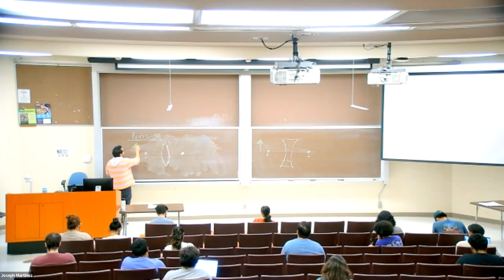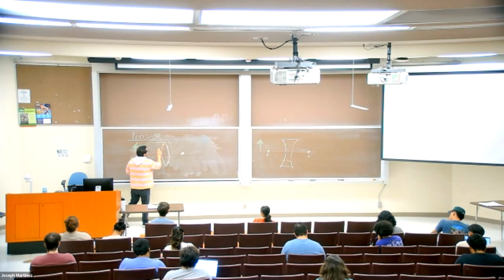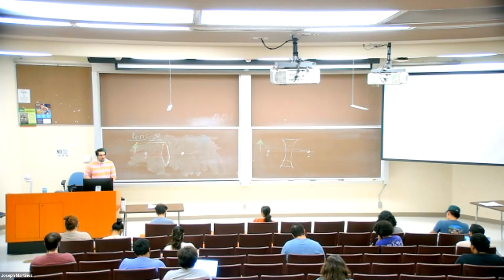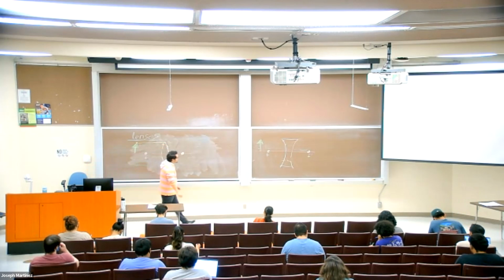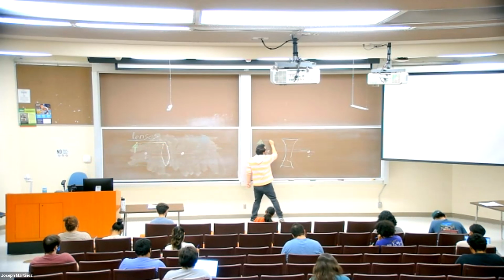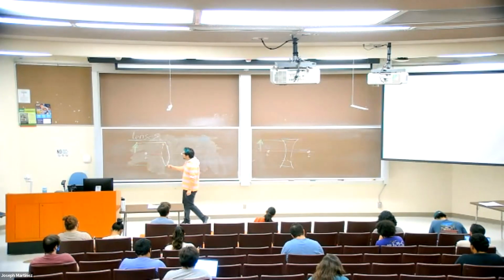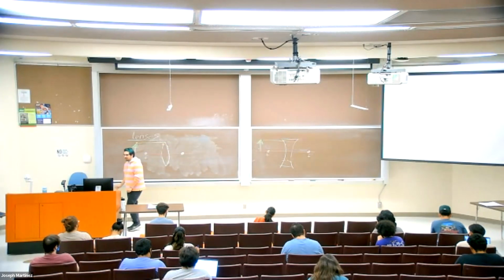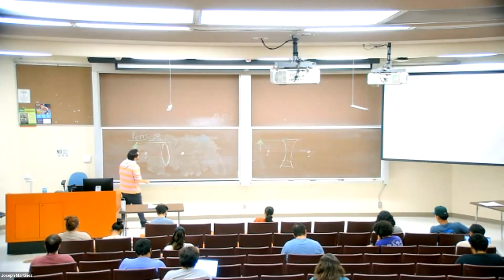We can say from the tip of the arrow, imagine a photon traveling straight to the right, parallel to the optical axis. And what's going to happen? Well, the converging lens, we just did this a second ago. Parallel light, when it hits a converging lens, will go towards the focus.